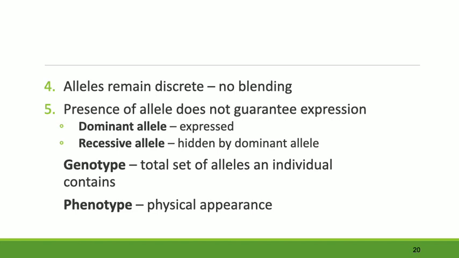Phenotype is the actual physical appearance, so that's something that you can tell by looking at it. So phenotype is purpleness, or phenotype is the whiteness in this particular example. When someone says, what is the phenotype of that individual, they're usually talking about what trait you can see or measure with your naked eye without looking at what's inside the cells.